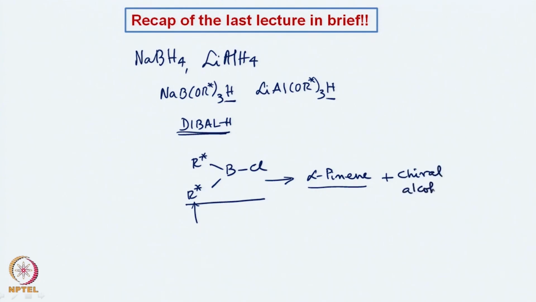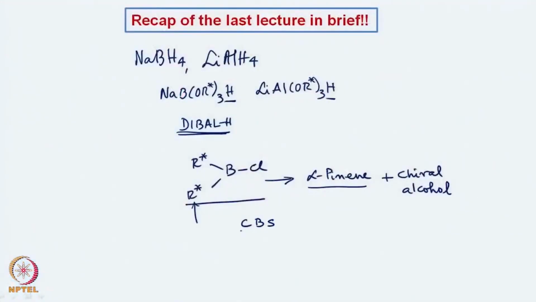So these are all different types of reducing agents which we discussed, and we also mentioned that each of these reducing agents is required at least in 1 mole equivalent. So therefore it is not something useful in the long run on a large scale.